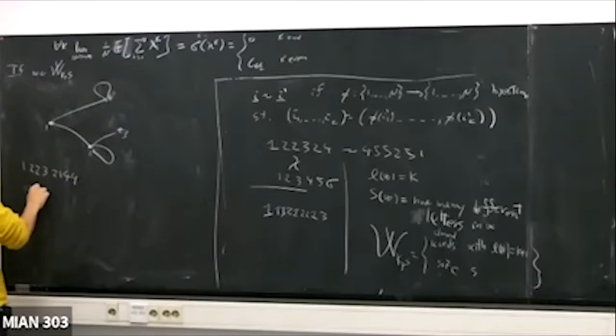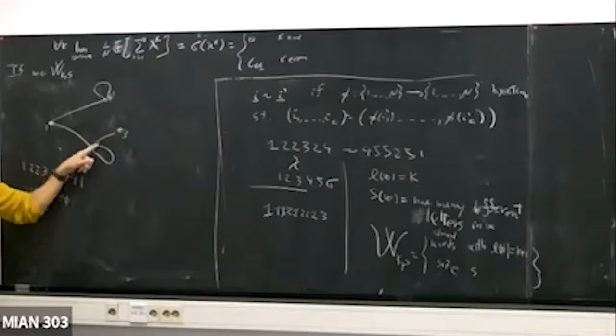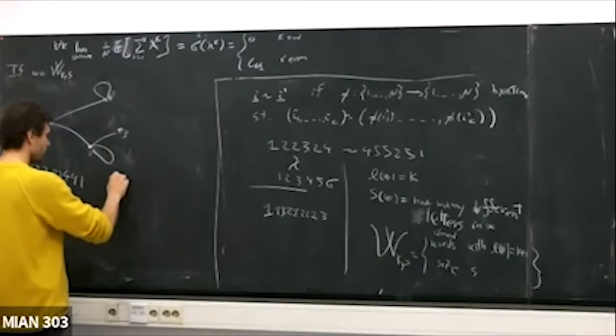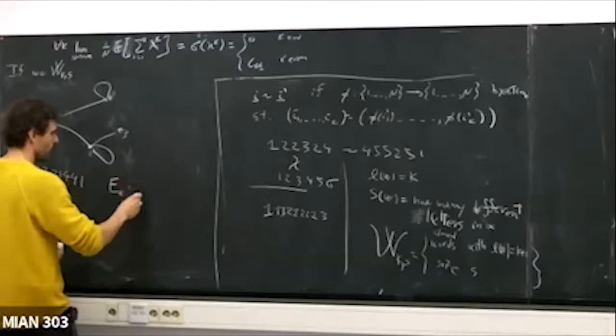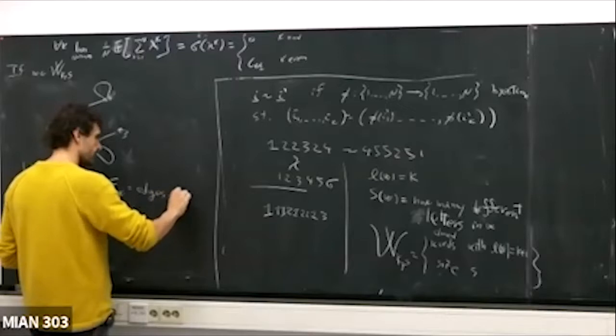So this graph is connected because, sorry, the word must be closed, so 4 to 1. It's connected because my word spans it: I exactly draw the paths, the edges that span this word, and in this graph there are only the letters used by W, no more, okay? And then we can call E(W) the edges of the graph.